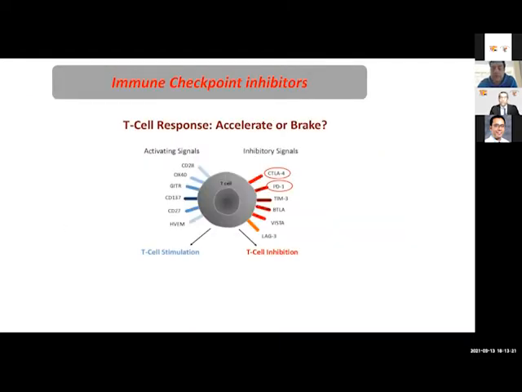And like Dr. Hazem said, T cells have many accelerators, or activating signals, in addition to inhibitory signals. Some of the most important inhibitory signals are PD-1 and CTLA-4, overexpressed on the T cell.